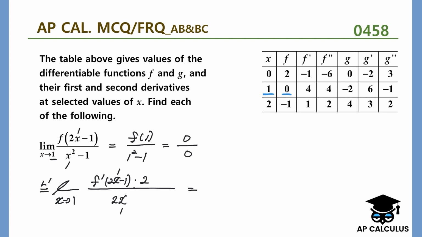So that's going to be equal to f prime of 2 minus 1, which is 1, times 2, over 2 times 1, that's 2. So far so good. So that is equal to f prime 1. And when x is equal to 1, f prime is 4, right? So f prime 1 is equal to 4. All right?